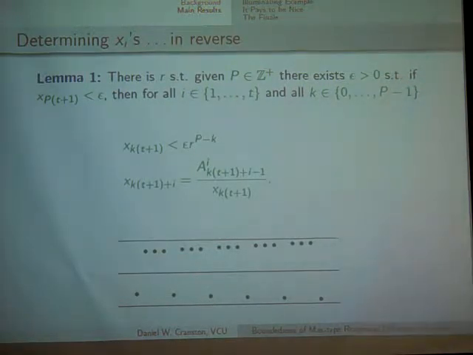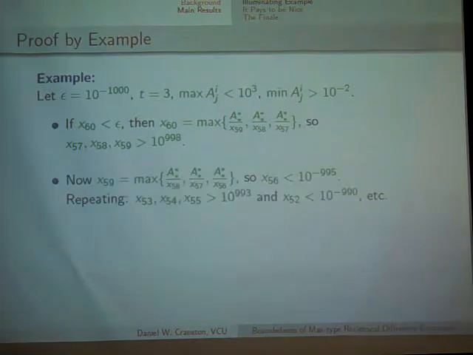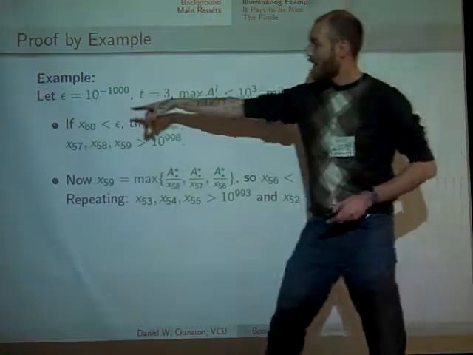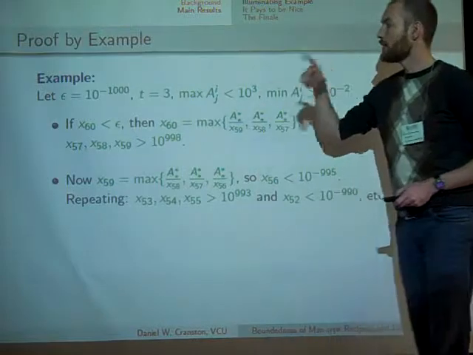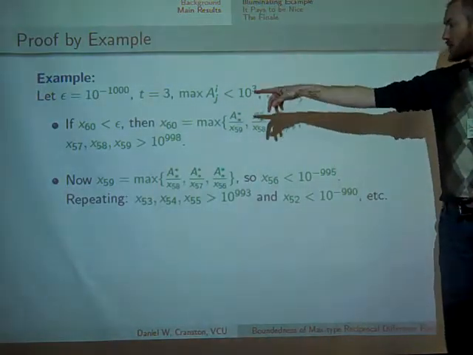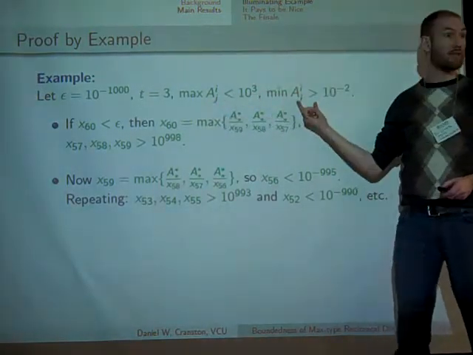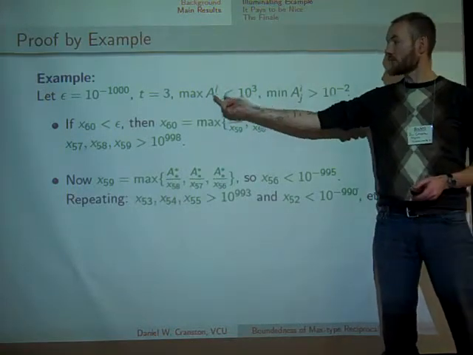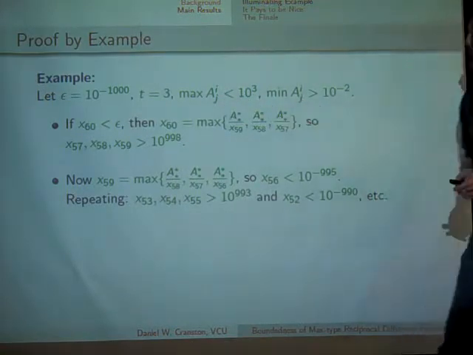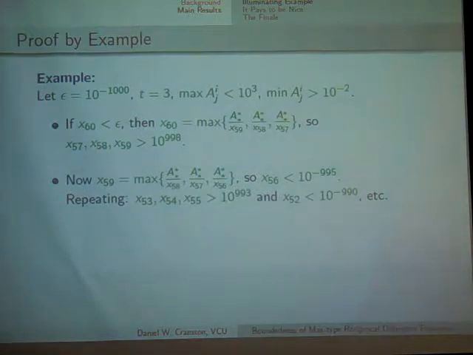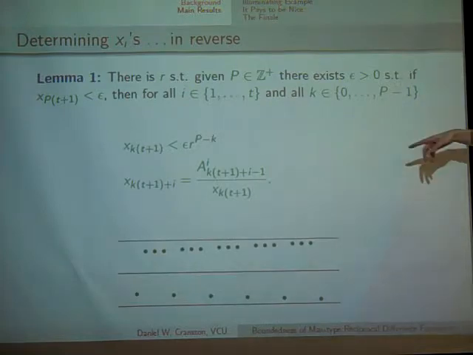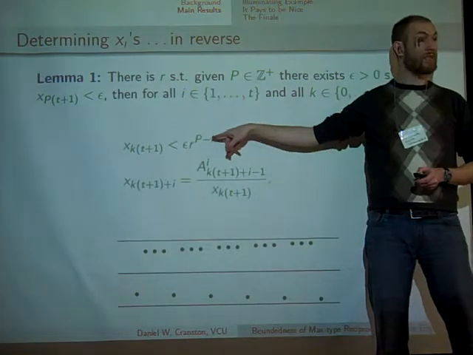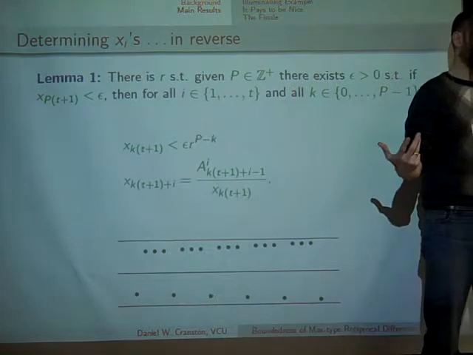And intuitively, the way you're going to choose this epsilon, as I showed on this previous slide, is that epsilon is going to be small compared to these quantities. So I look at the max, I look at the min, and I also need to make the epsilon small enough that when I keep losing this factor of r as I go back p times, I still have lots of control.